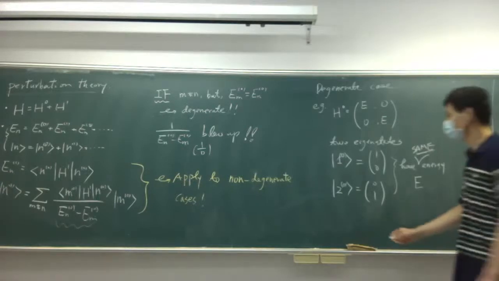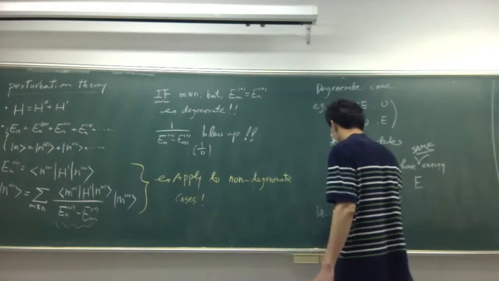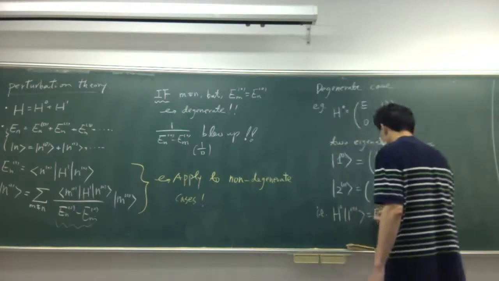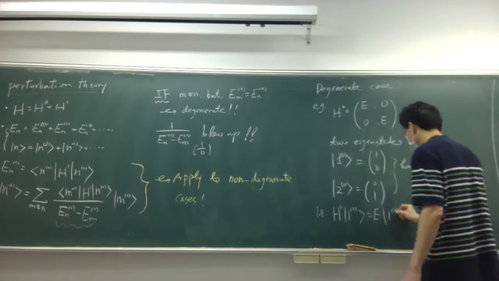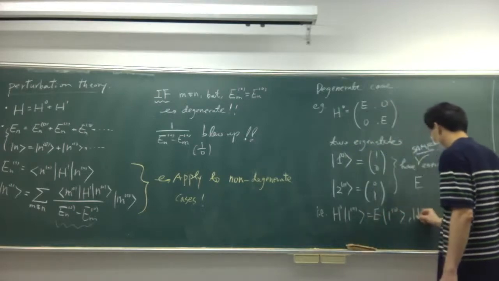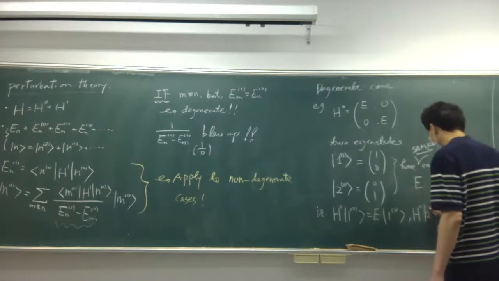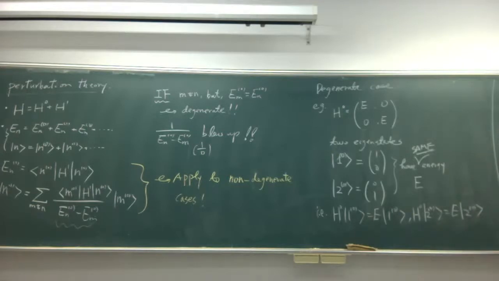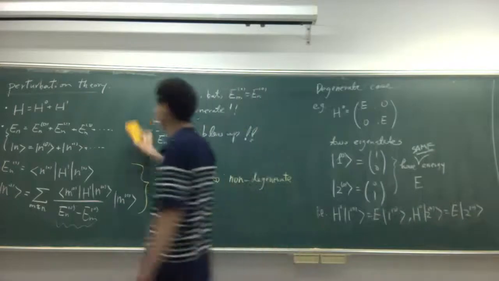Which means H naught acting on state 1 gives E times state 1, and H naught acting on state 2 gives E times state 2. So I have two degenerate states.